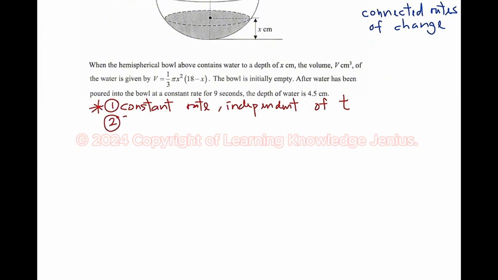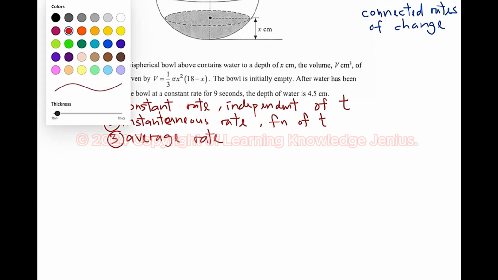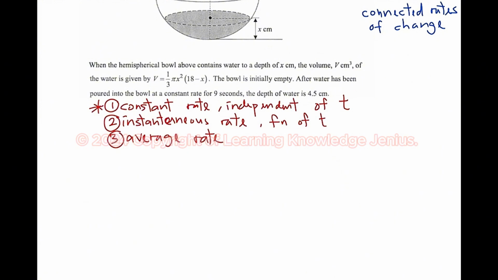Second type is instantaneous rate, and it is a function of time. Instantaneous rate changes with time and is not constant. Third type is average rate. So in general, we have these 3 rates.